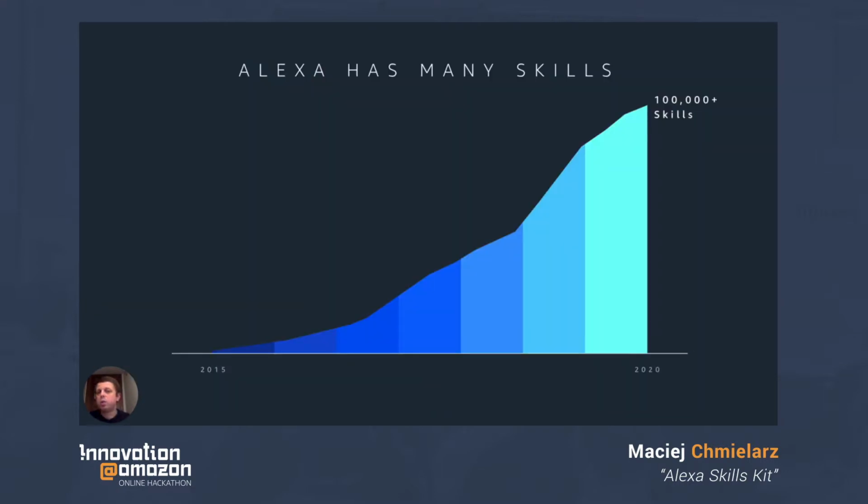And we also observe a rapid growth in the number of skills, because when we launched Alexa in 2014, we launched with 13 skills. And as I said, right now after 6 years, we have over 100,000 skills in the store, and the number is growing all the time.